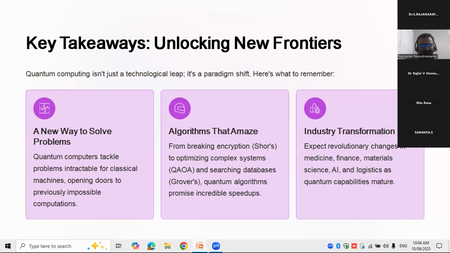And industrial transformation means revolutionary change in medicine, finance, material science, AI and logistics through quantum capabilities. So these are the takeaways from this meeting.